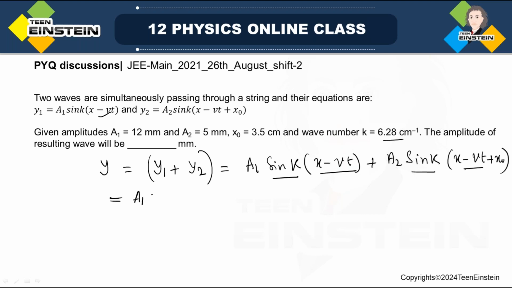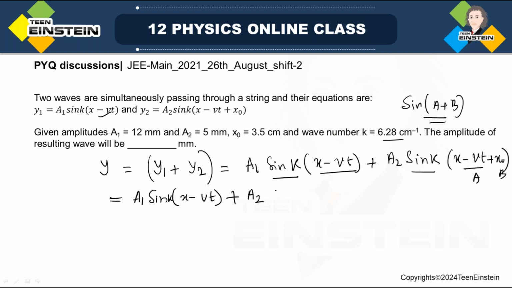So a1 sine of k(x minus vt). Let this be as it is, but this term I'll just use this sine of a plus b trigonometric identity. So this I'll take as a, this I'll take as b.